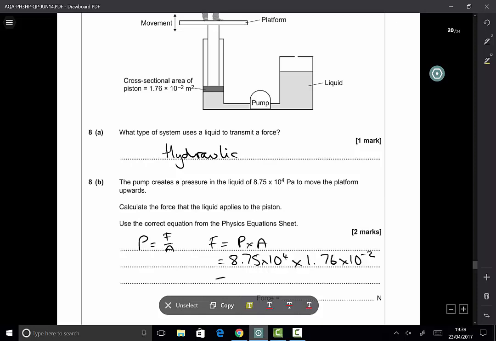So you need to be happy with putting this type of number into your calculator, and if you're not, ask your teacher. And that gives me an answer of 1,540. Be very careful to make sure you write the right number down.